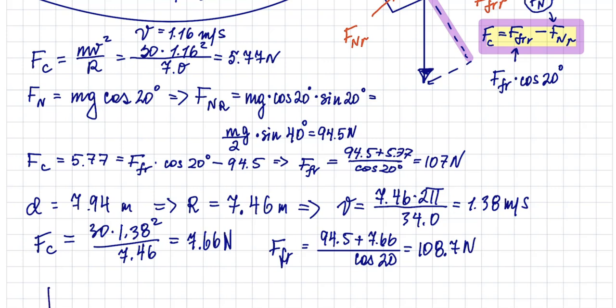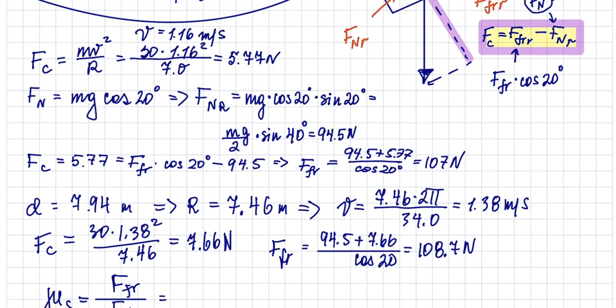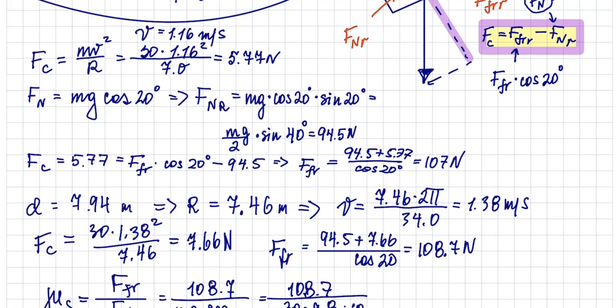And as you know, static friction coefficient would be force of friction over force normal. So that's going to be 108.7 divided by our mg cos. So 108.7 over 29.4 cos of 20.